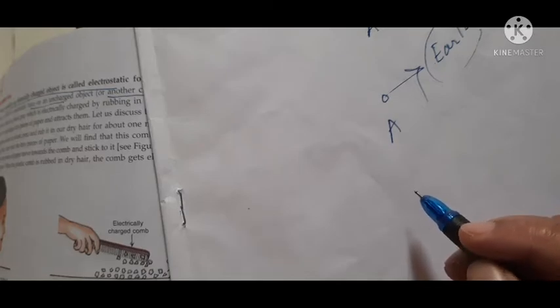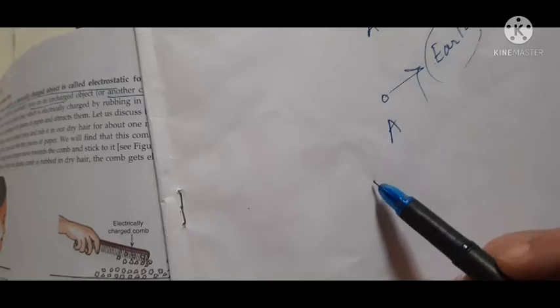As I told you, all the objects attract Earth also. But the size, or you can say the mass or the weight, of the Earth is much, much more as compared to the objects. So the force exerted will be much, much more.